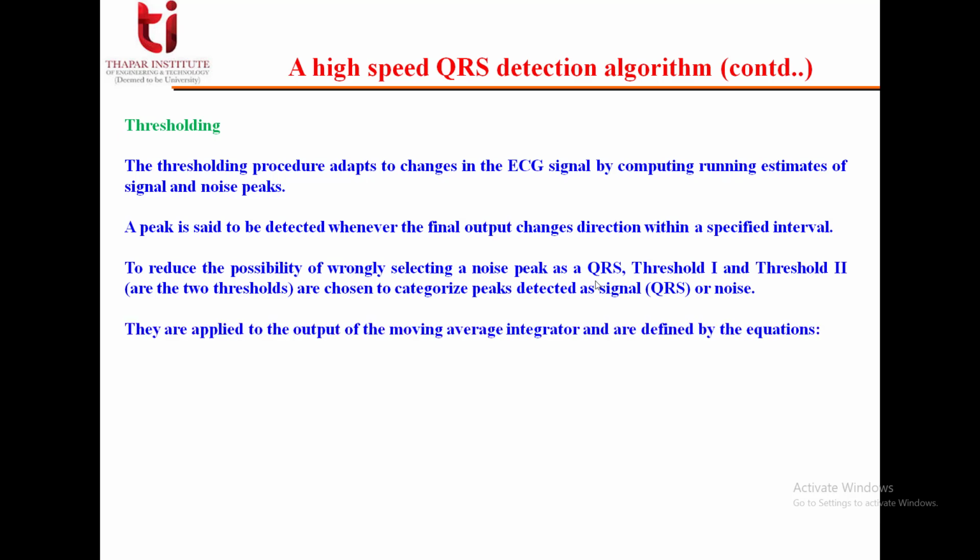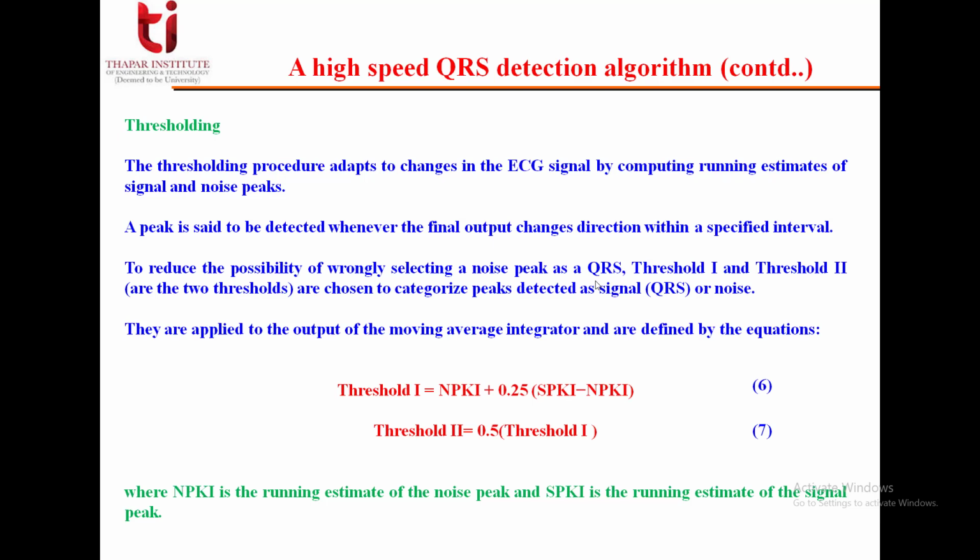They are applied to the output of the moving average integrator, and they are defined by the equations as you can see. Threshold 1, equation number 6, is NPK1, that is noise peak level 1, plus 0.25 times (SPK1 minus NPK1), and threshold 2 is given as 0.5 times threshold 1.